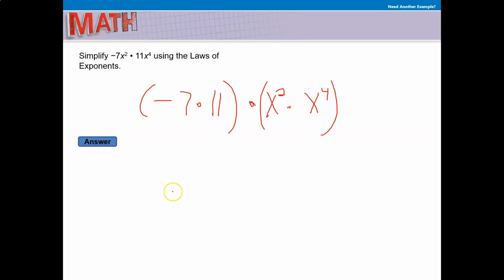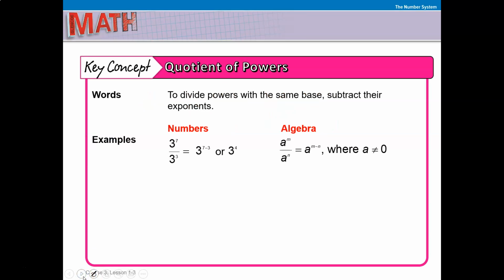So negative times 11 would be negative 77. x squared times x to the 4th would be x to the 6th.